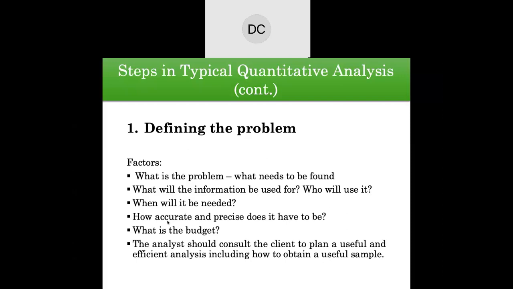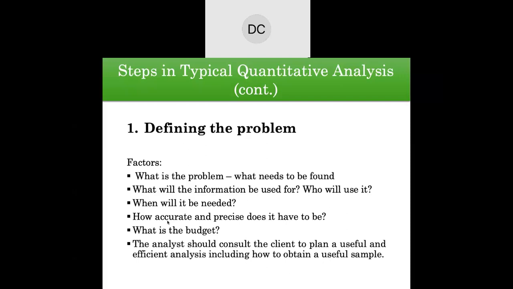And also in term of budget kan, saya cakap tadi, kalau kita nak sesuatu yang tepat, cepat, of course the budget is high. So kena tengoklah the project, budget dia ciput ke kan. Tengoklah macam mana. So you need to really determine the method according to the budget. And the analyst should consult the client to plan a useful and efficient analysis, including how to obtain a useful sample.